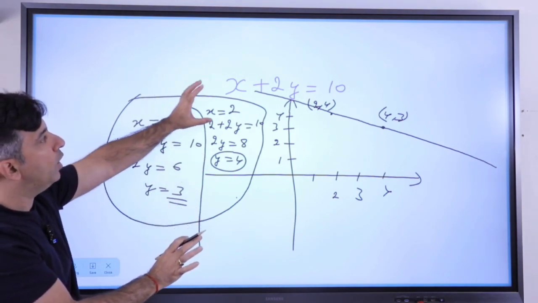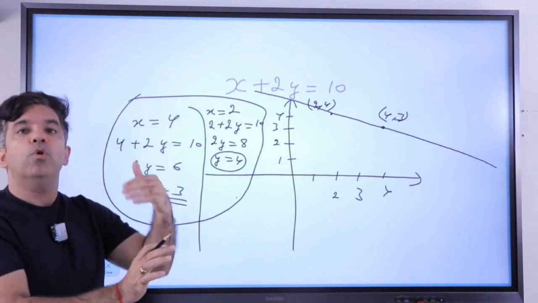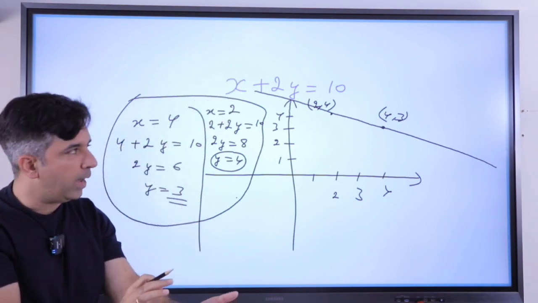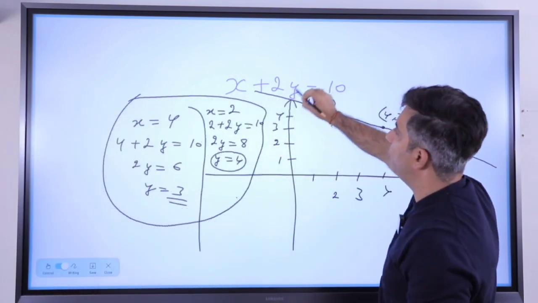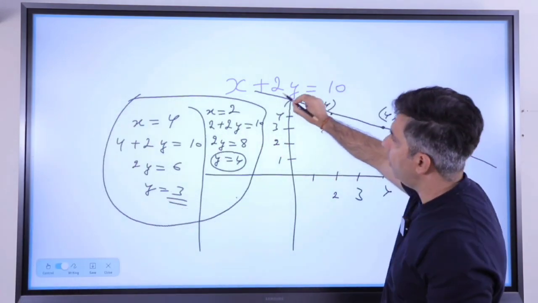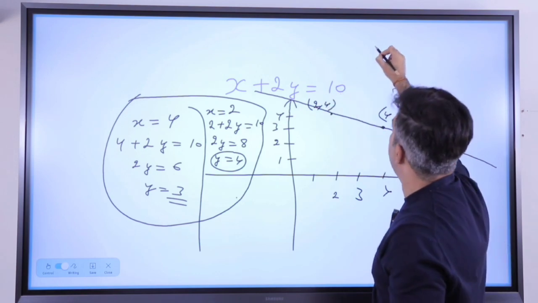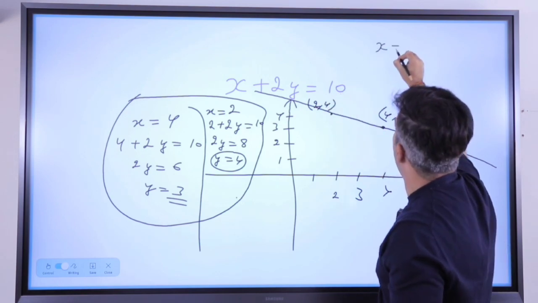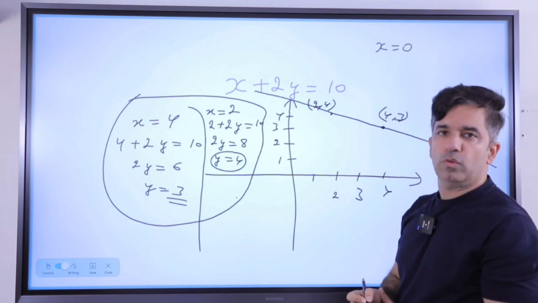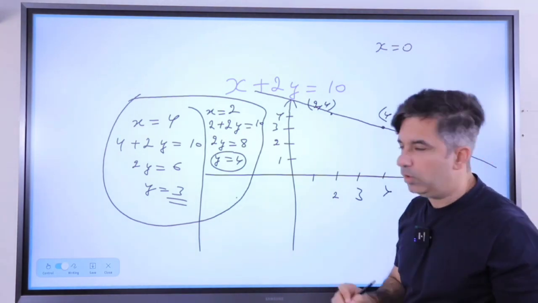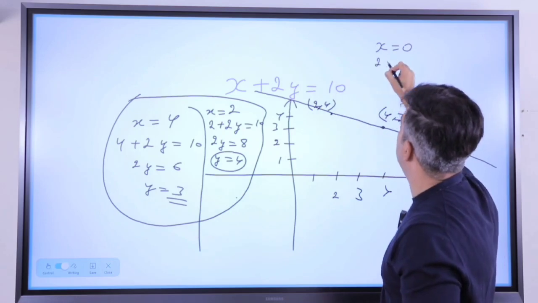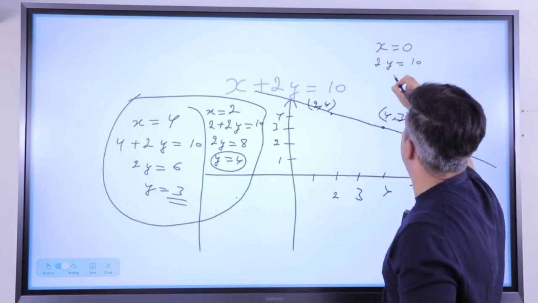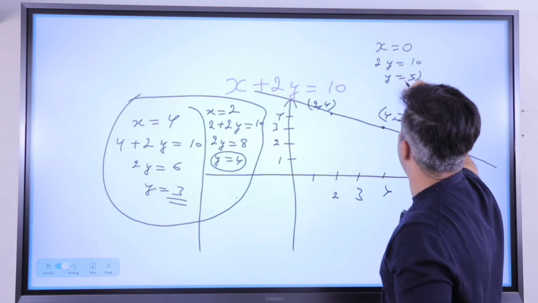Now in order to solve this equation in a more simplistic manner, I'm just going to solve this once again. One very easy route is to fill the value of x as 0. When you take x as 0, we can clearly see that 2y becomes 10 and y becomes 5.